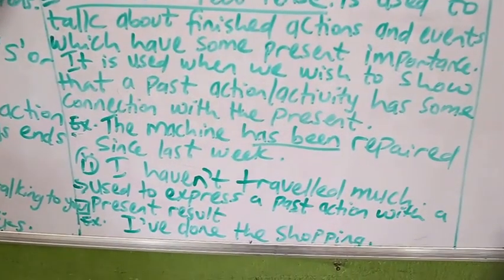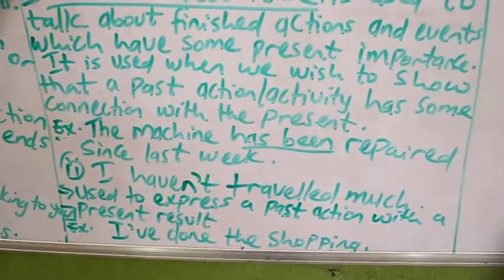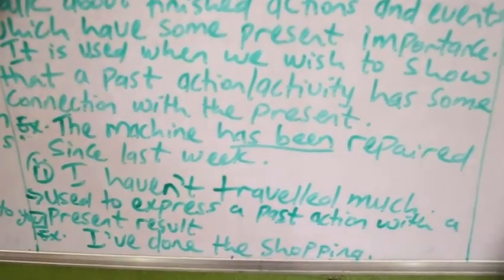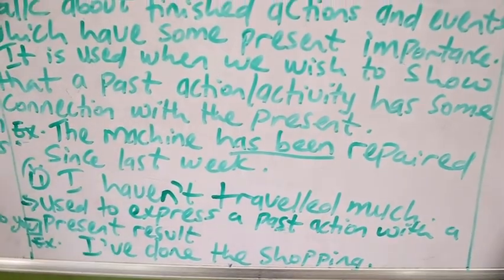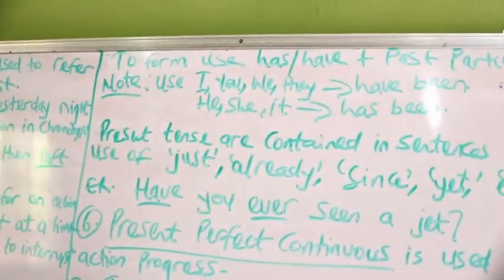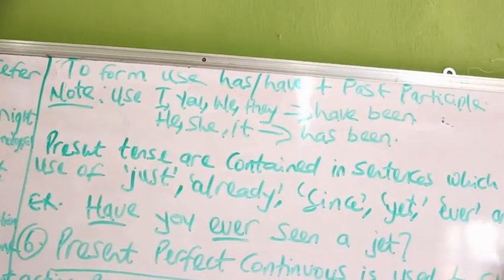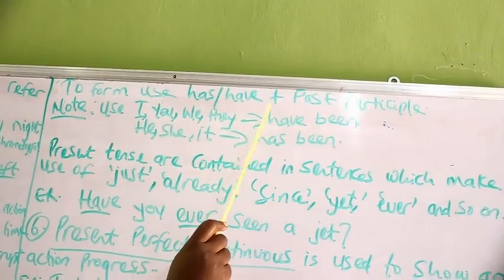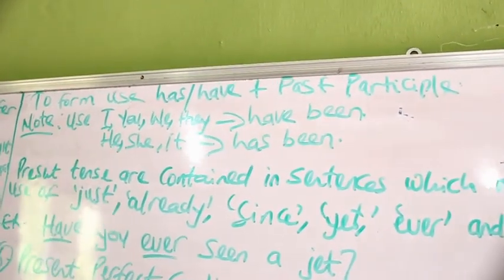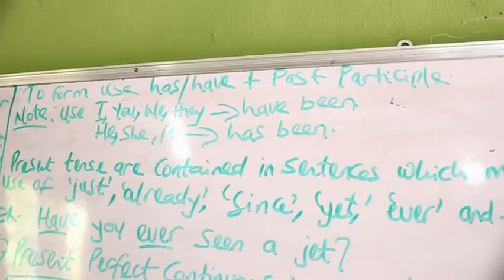Example, I've done the shopping. I have done the shopping. So to form present perfect tense, use has or have plus past participle.